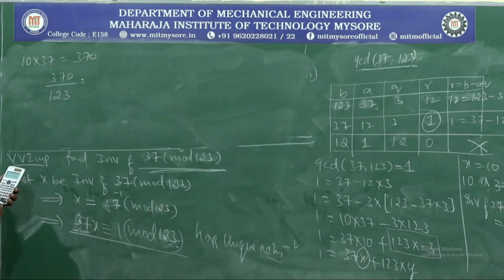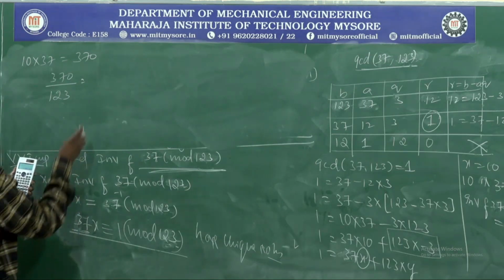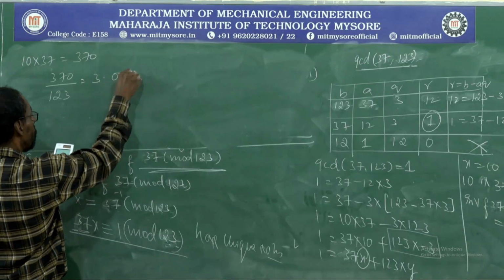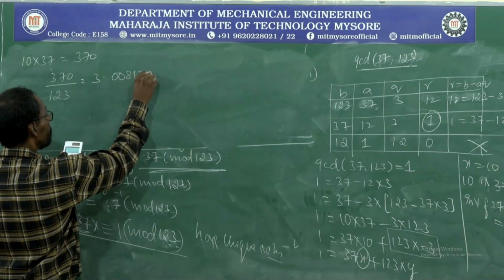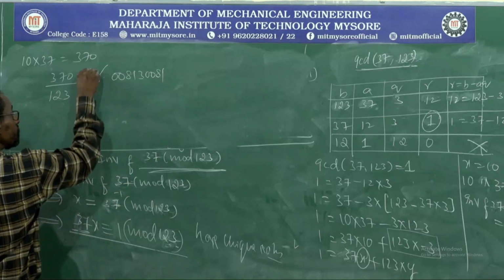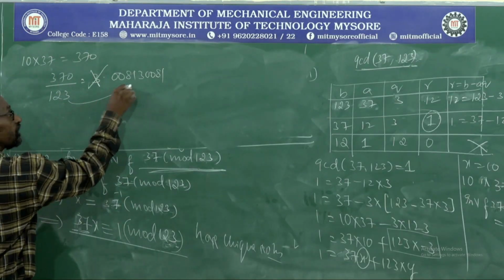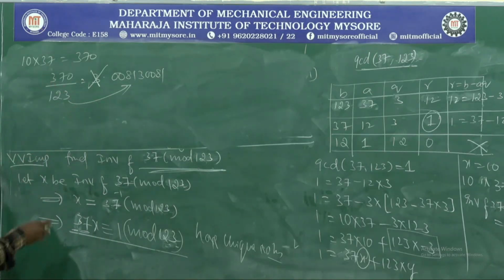Consider 370 divided by 123. Yesterday I told you how easily you can do this. The answer is 3.008130081.